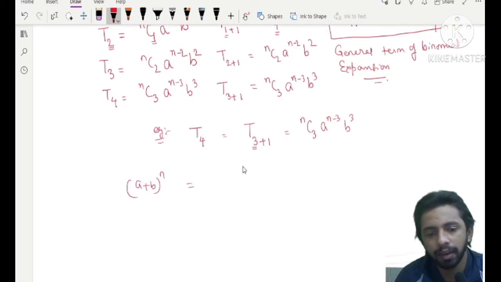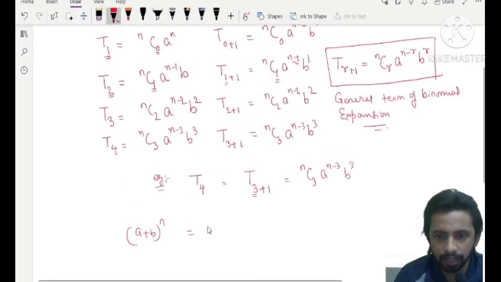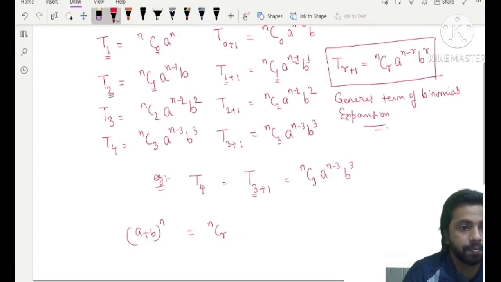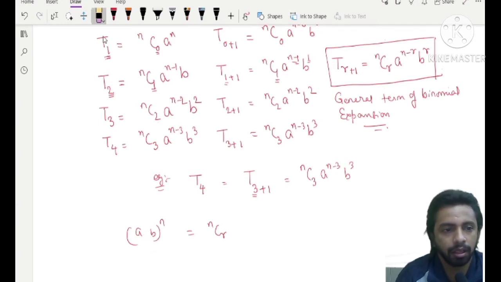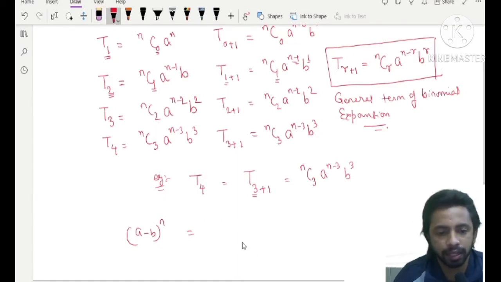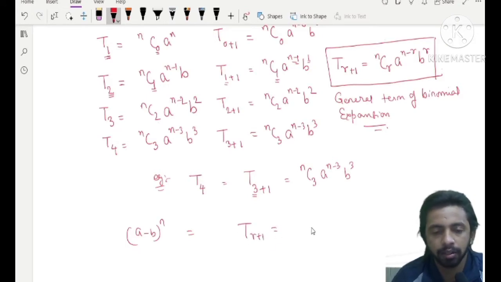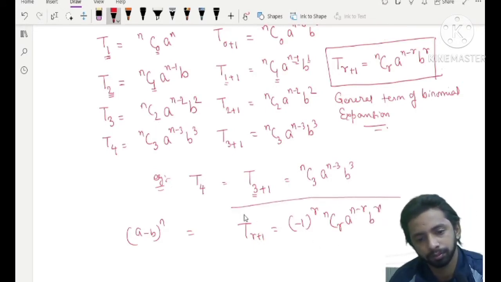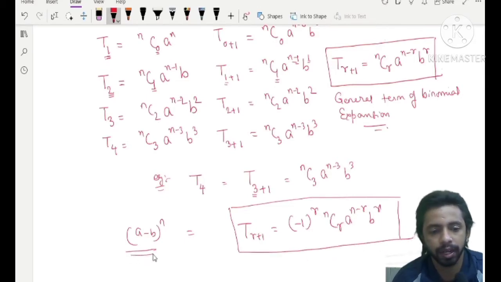But if we have a minus b raised to the power n, in that case t r plus 1 will be minus 1 raised to the power r along with nCr a to the power n minus r b to the power r. This is for a minus b raised to the power n.